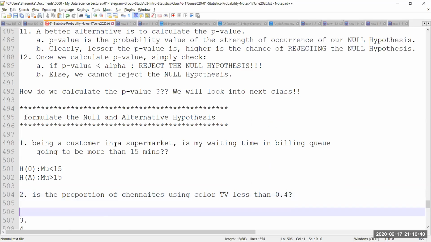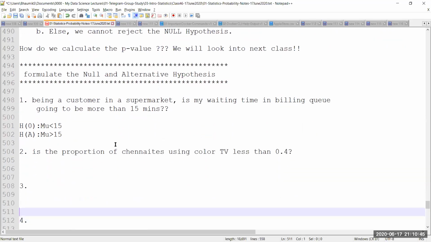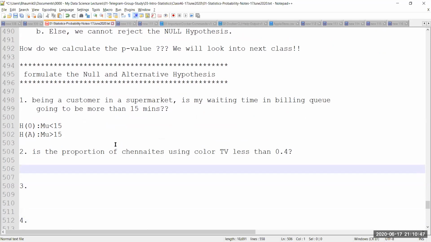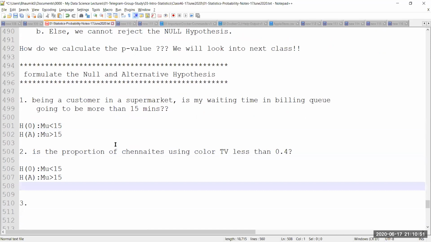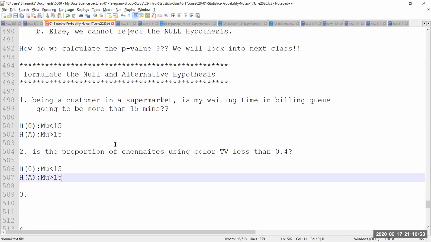My intuition should be that they should already have moved to the digital versions, so it should be less than 0.4. It means less than 40% of people are using color TVs.